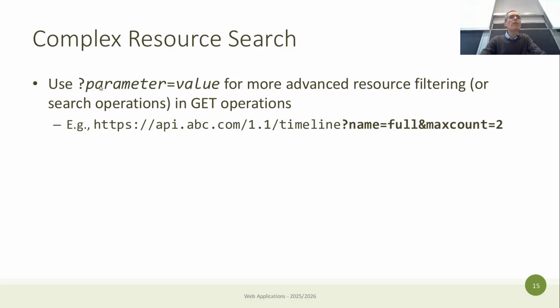So you can have parameter equal to value and another parameter equal to some value, and so on, okay? So this syntax is quite flexible, and it can be used to do filtering on more than one property.